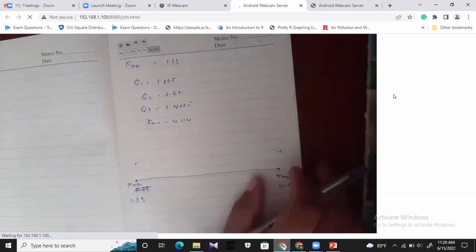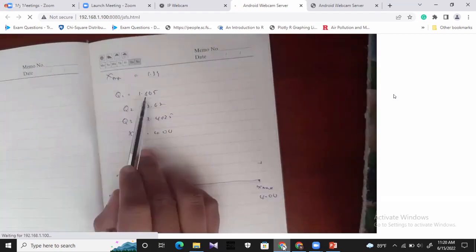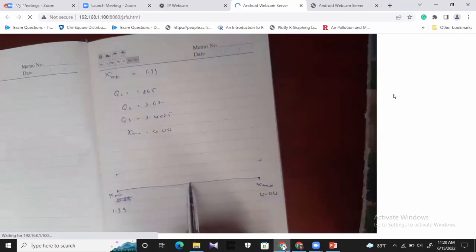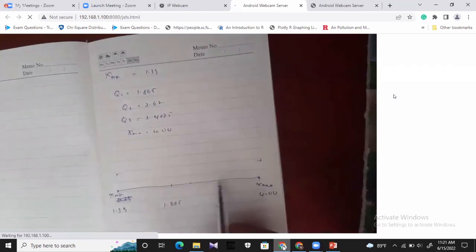Now I'm going to draw the box plot. Now Q1 is 1.865. If we divide this line into two equal parts, that value should be around 2, no? Okay, around 2. 1.865 should be somewhere here, and 3.4 should be somewhere here.